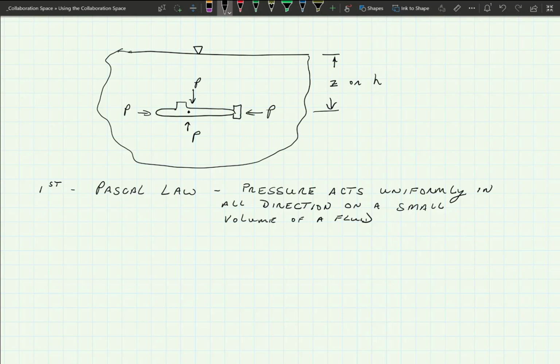Okay, so pressure is going to act equally in all directions on a small volume of fluid.